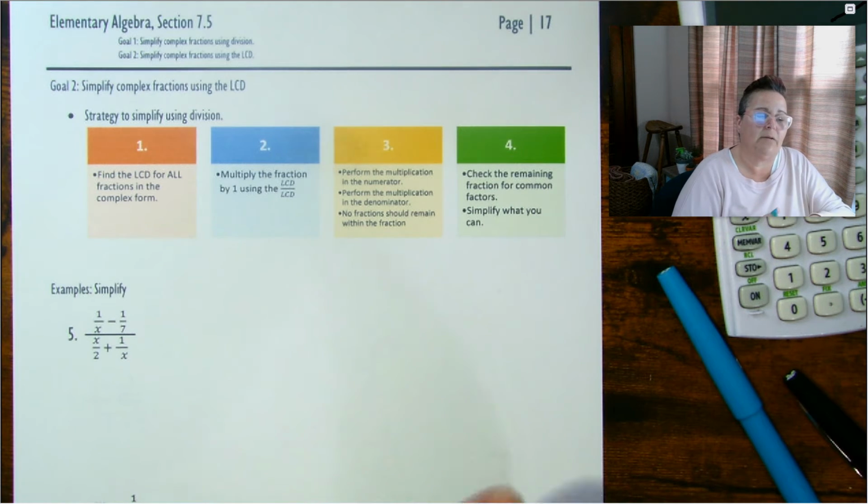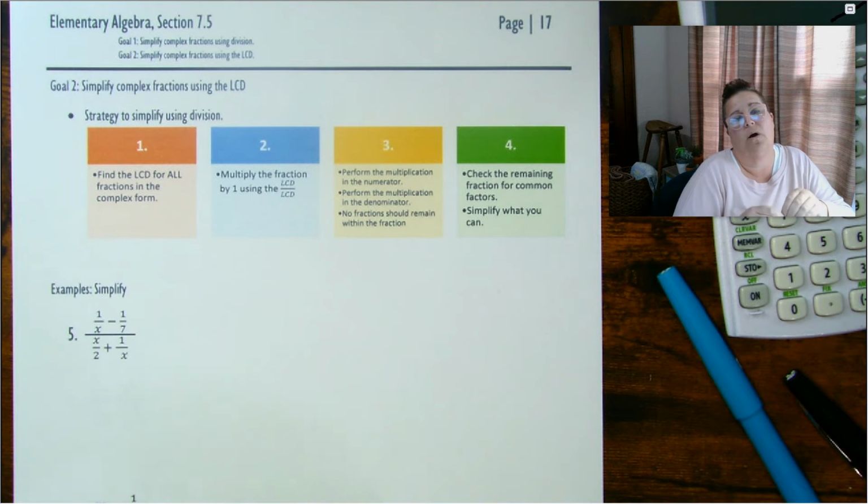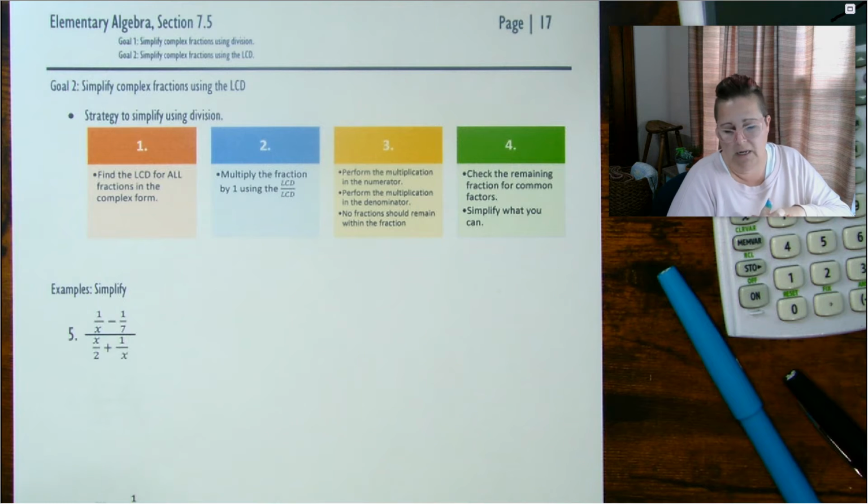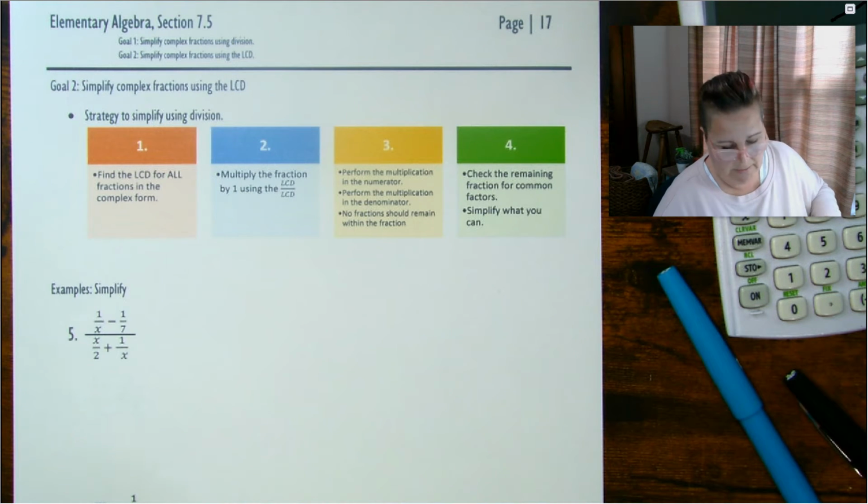So basically, we're about to change the look of the fraction without actually changing the value of the fraction. Then we're going to perform the multiplication to the numerator and the denominator. And when we're done, we should no longer have a fraction within a fraction. We'll still have a fraction, but we won't have a fraction within the fraction. We'll check the remaining factors to make sure that we don't need to simplify anything, that there aren't any further common factors that can be reduced. All right? So let's get on this.